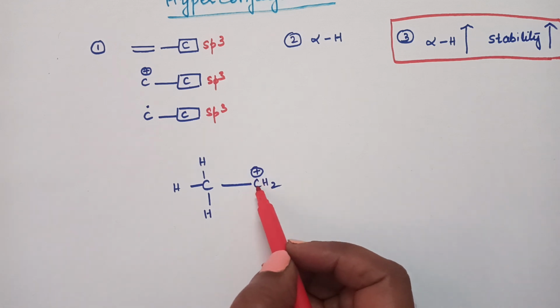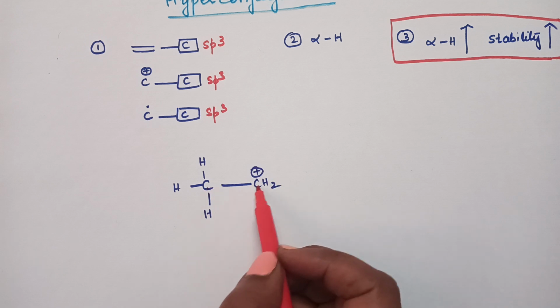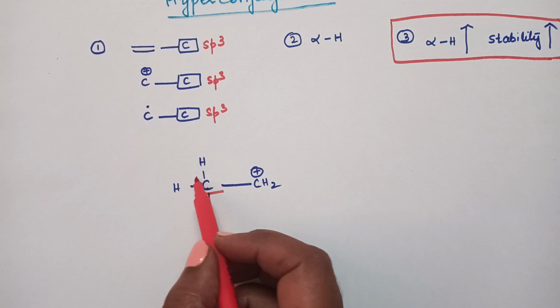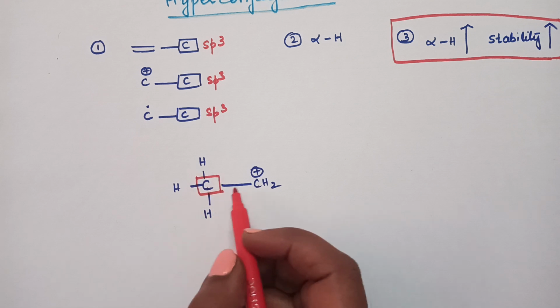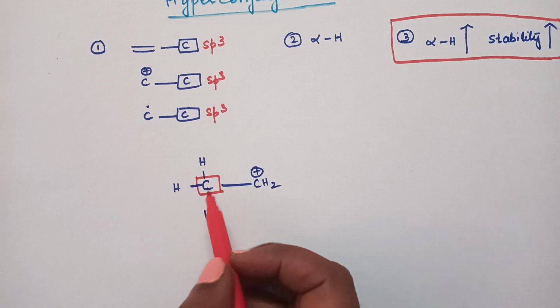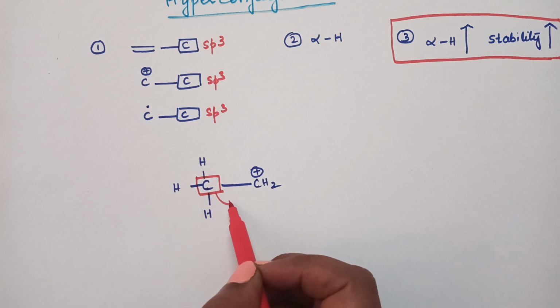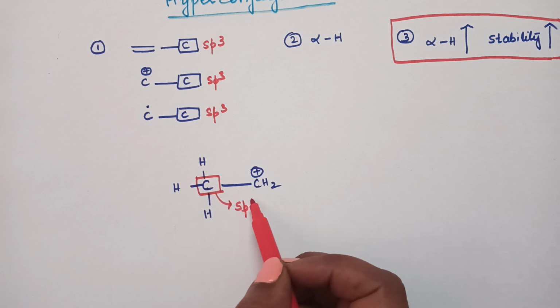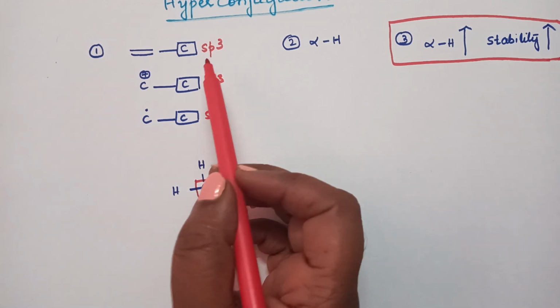So students, this is carbocation. So the adjacent carbon atom to the carbocation is the carbon which should be sp3 hybridized. So you know how to check hybridization. That is, if carbon atom has 4 sigma bond, it will be sp3 hybridized. So this carbon atom is showing sp3 hybridization.